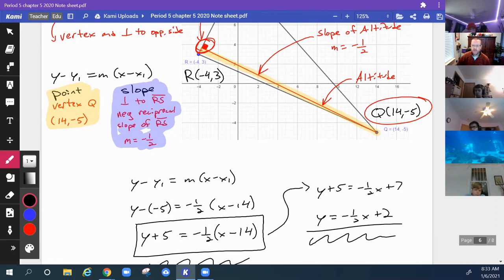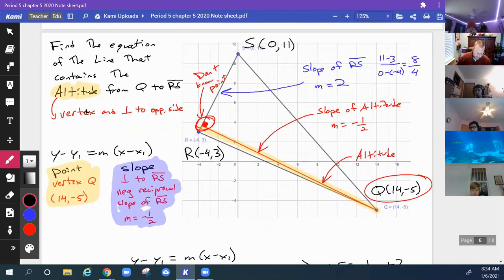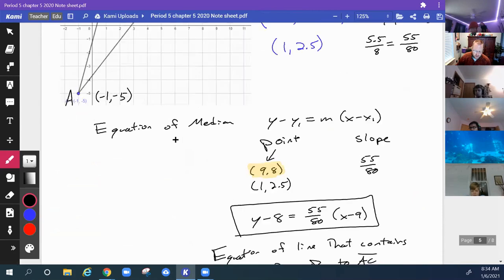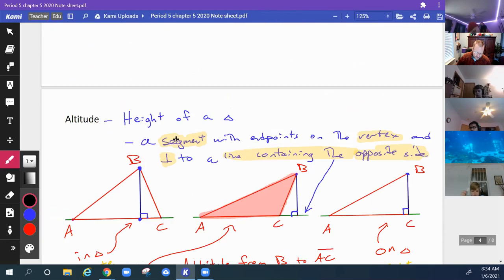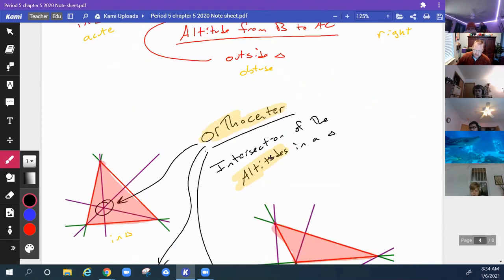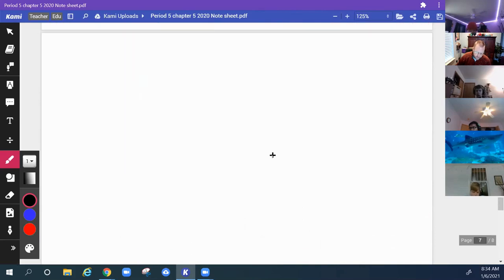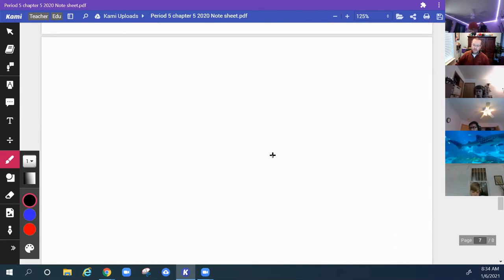We're cool. All right. So this is how to find the altitude. Remember the altitude, go up to the idea of the altitude up here. It's perpendicular from the vertex, and then we can figure out what we need. The last one we've already done first semester, but now we're just going to take a look at it in a different setting.